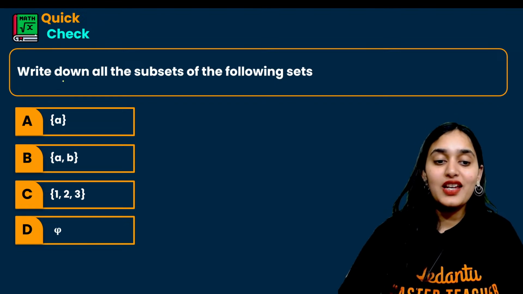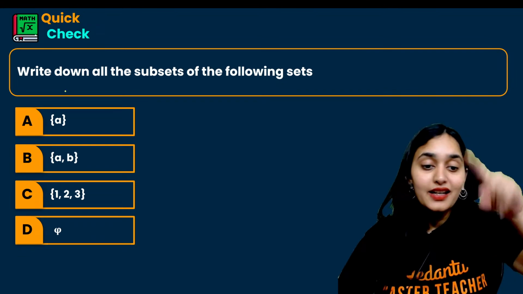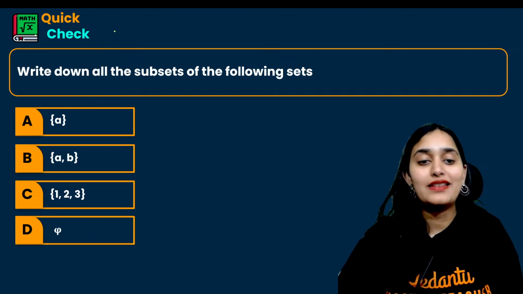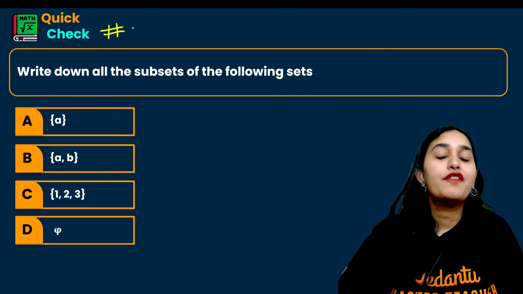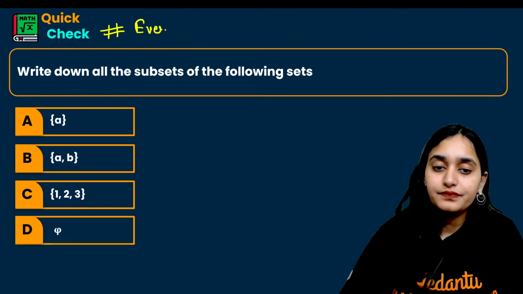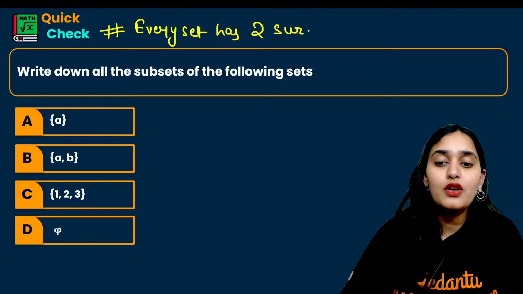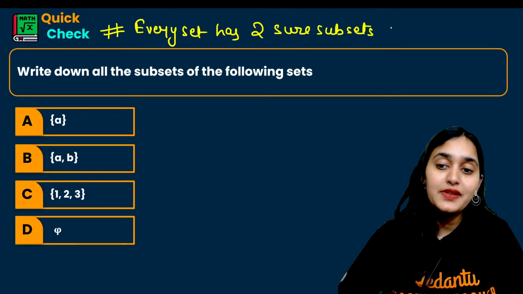Alright, next question. Write down all the subsets of the following set. Now, here is a very, very important question. Why? Note down. Every set has two sure subsets. What are the two sure subsets?